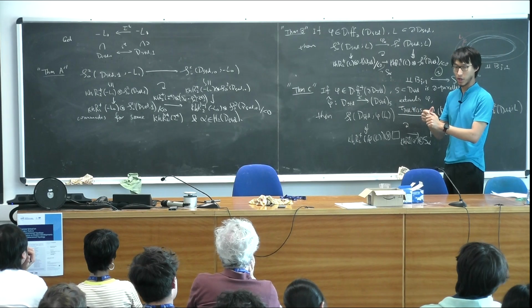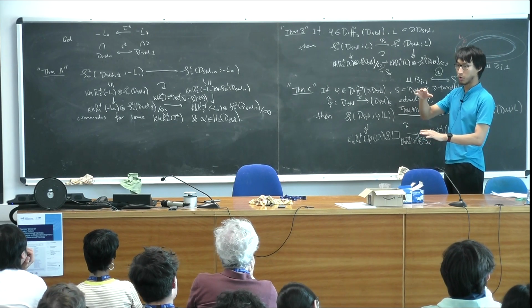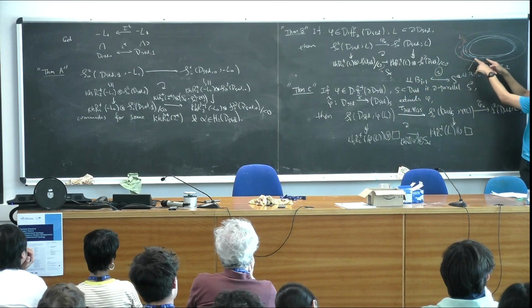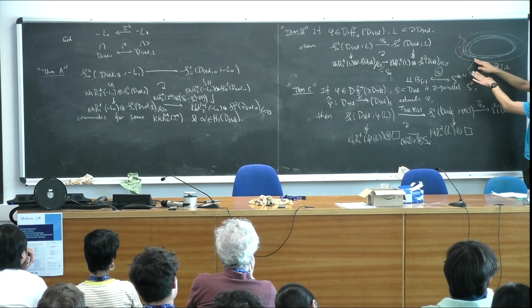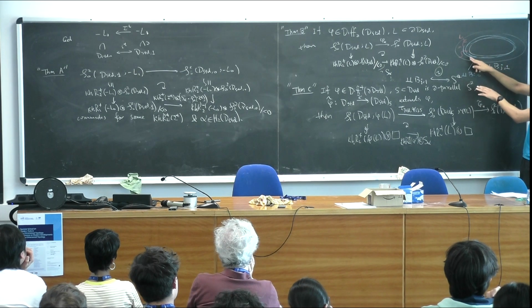The interior doesn't matter. The interior only matters when you consider cobordism. So when you have this kind of picture, the parameterization in the complement of the blue in white matters, but the parameterization inside the blue does not matter.